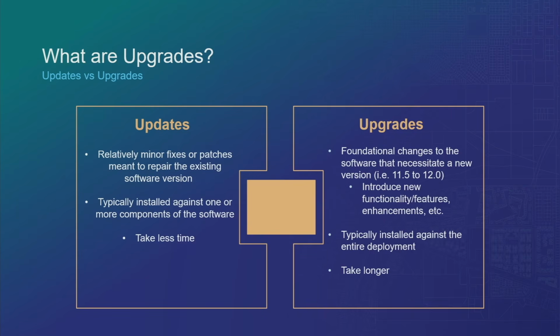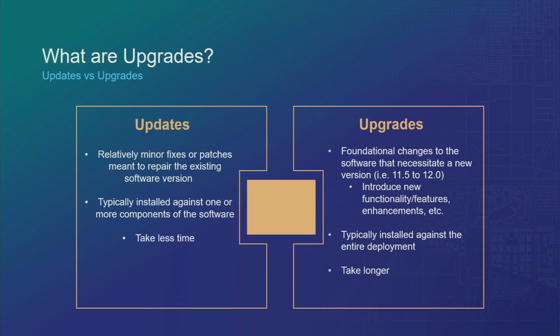These fixes are delivered as patches, and they do not provide new functionality. Because these patches are providing focused fixes, they are usually only installed against one or a couple of components at a time. And for this reason, updates are typically fairly quick.